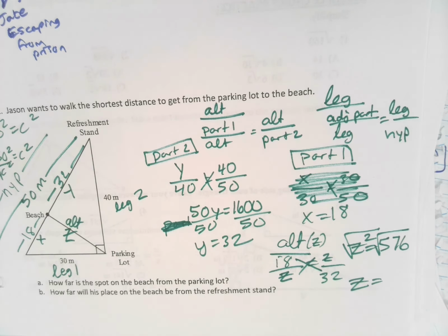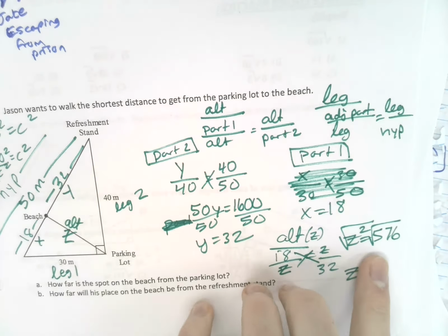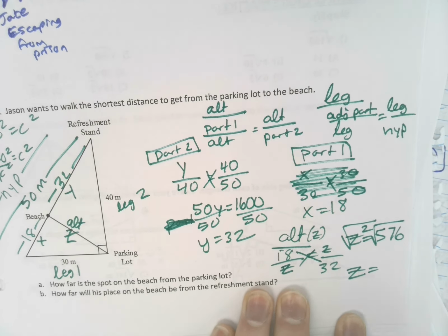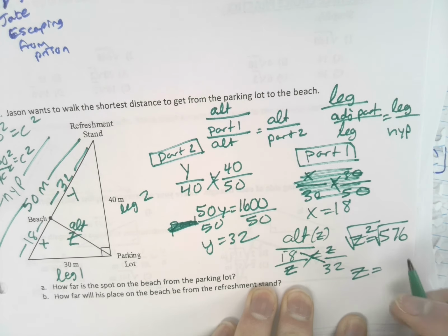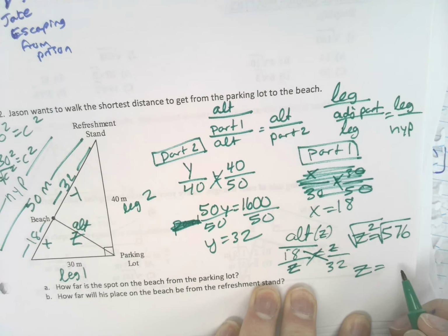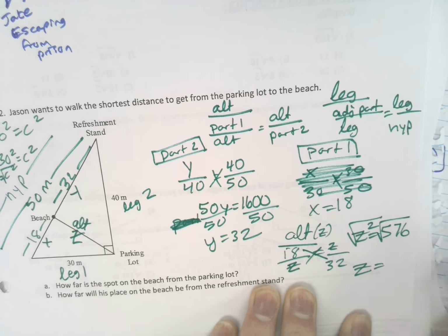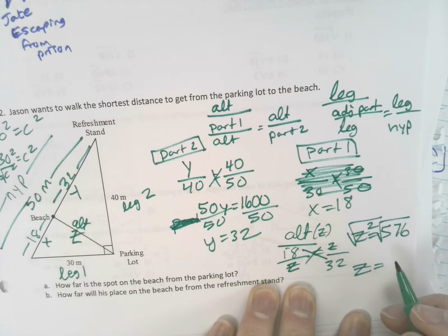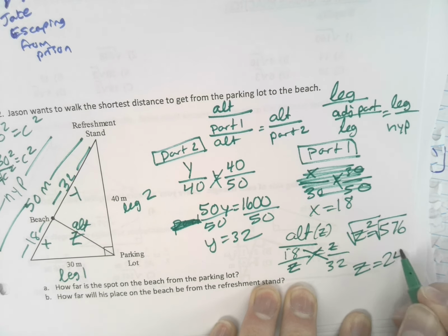No, try taking the square root of 576. It's actually going to be a nice number. Anybody help her out? What do we end up getting there? 24 meters.